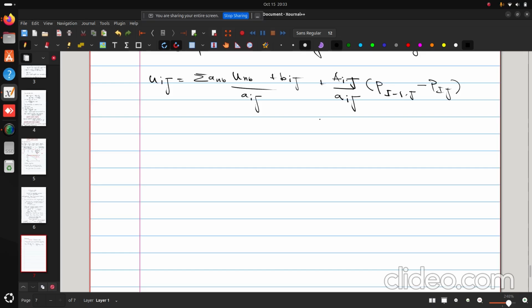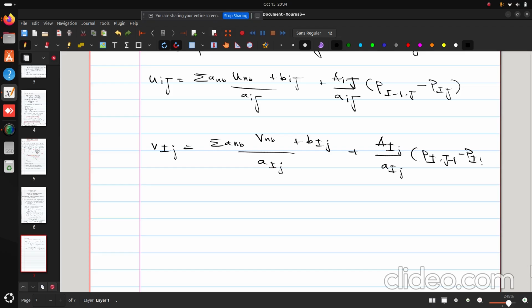Let me write it down as well. V capital I small j equals summation a_nb v_nb plus b capital I small j divided by a capital I small j, plus A capital I small j divided by a capital I small j times P capital I capital J minus 1 minus P capital I capital J.